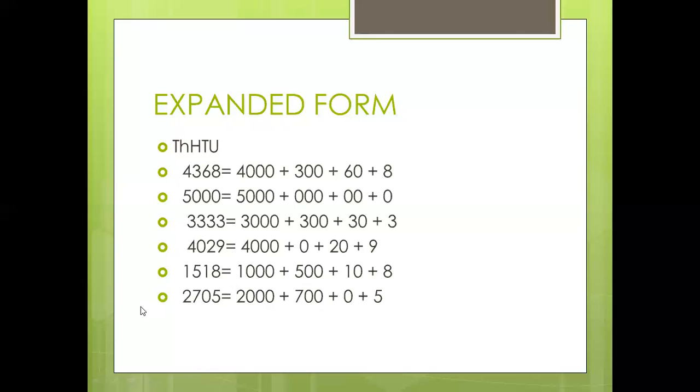So the expanded form for 2,705 is 2,000 plus 700 plus 0 plus 5. Now what you should also be doing is ask your parents to give you 4-digit numbers mixed so that you can read those numbers on your own.